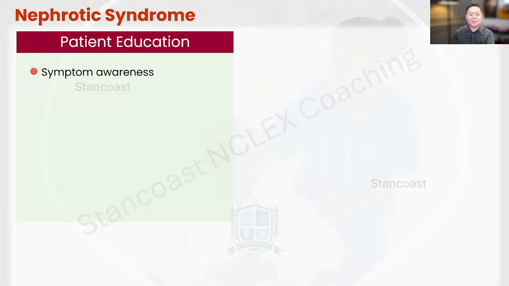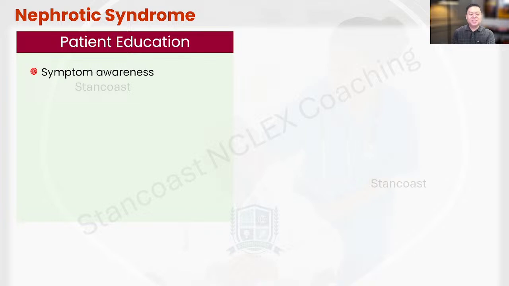This is about teaching the patient on the different syndromes or manifestations that they might experience at home. Make sure that you describe these following symptoms to the patient and the family member, in order that they can report all these findings to the medical provider.